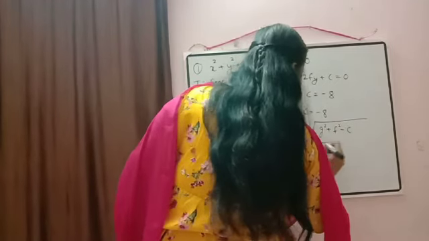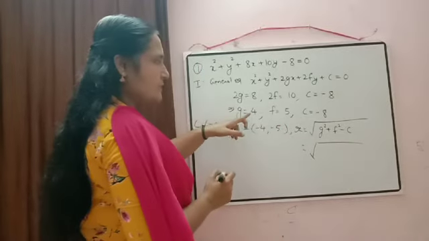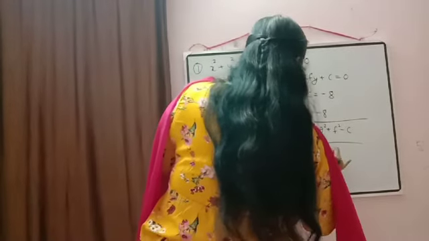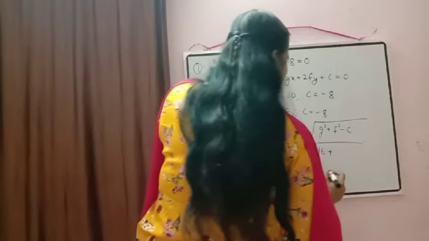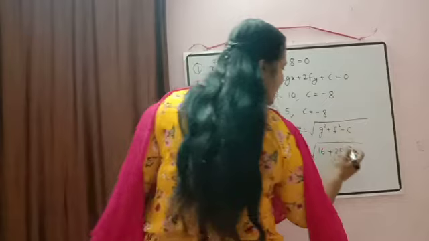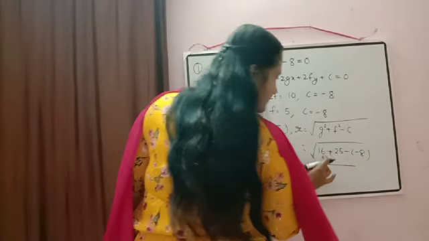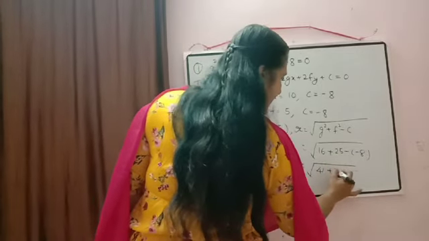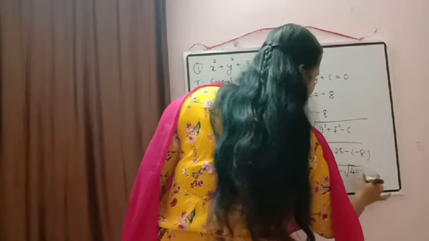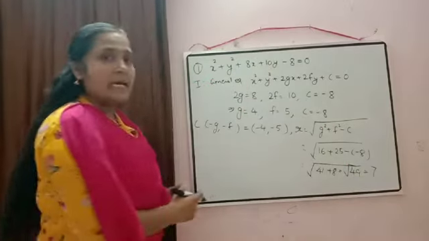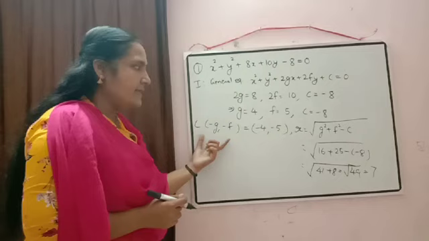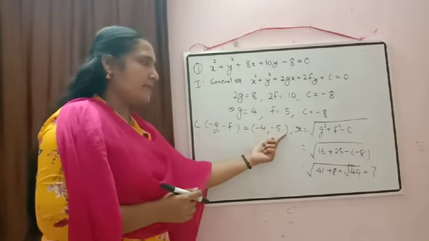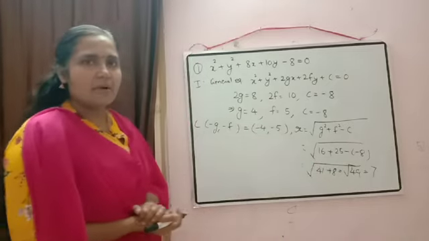Substituting, g is 4, so 16, plus f square 25, minus the value of c, which is negative, so minus of minus 8. 25 plus 16 is 41, plus 8. So we get square root of 49, which is equal to 7. So we got the center as minus 4 comma minus 5 and the radius as 7.